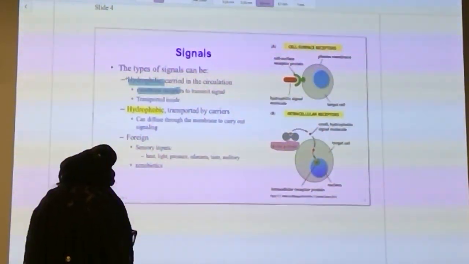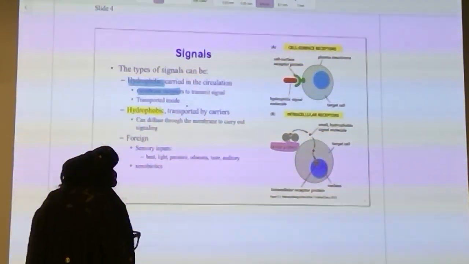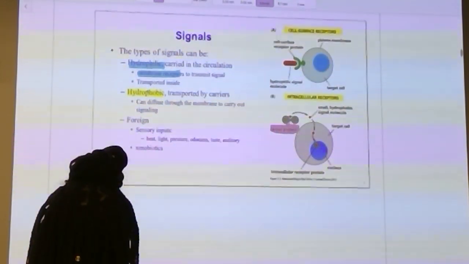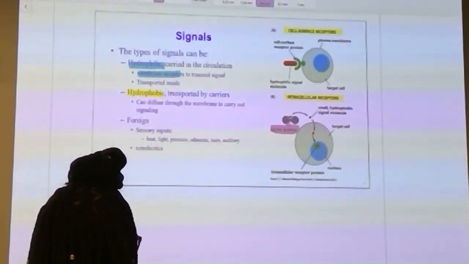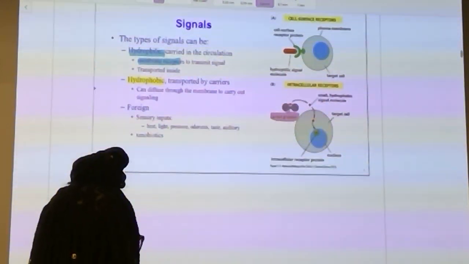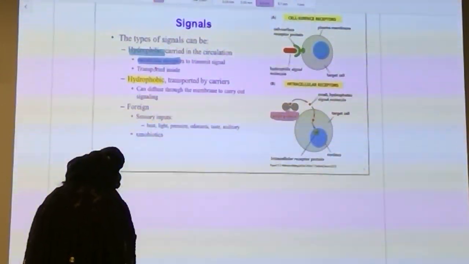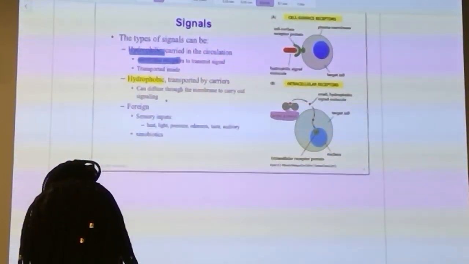And then one more thing you need to know is that anything that has a membrane receptor requires secondary messengers. Hydrophobic signaling is usually activating the transcription factor directly, so it doesn't need secondary messengers.